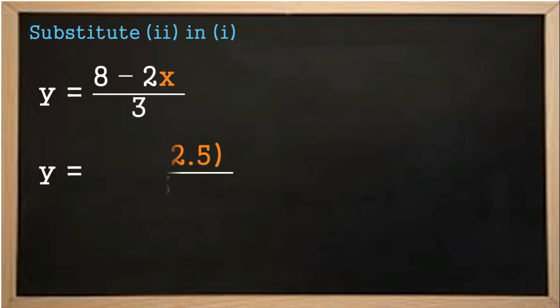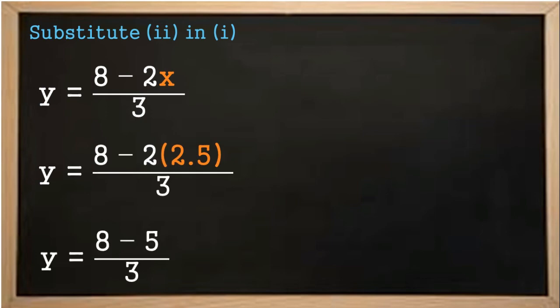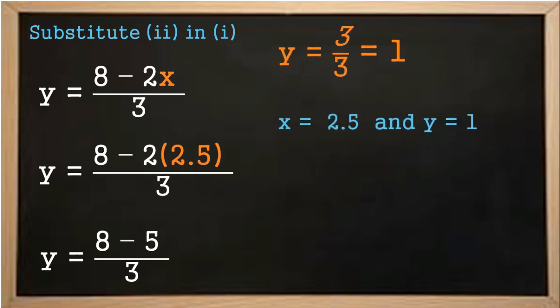That is, substitute 2 in 1. y is 8 minus 2x by 3. We calculated x as 2.5. Hence 8 minus 5 by 3, that is 3 by 3, which is equal to 1. Value of x is 2.5 and value of y is equal to 1.